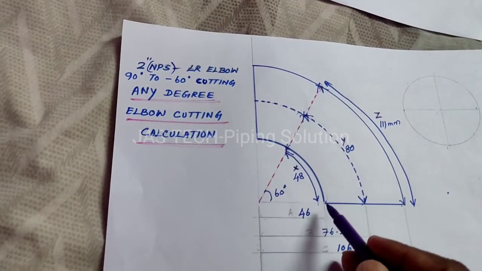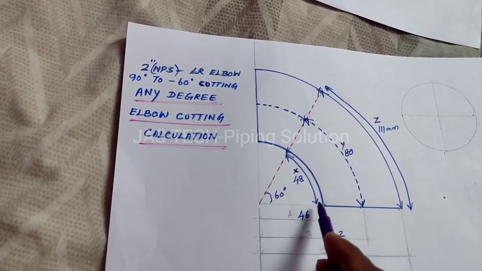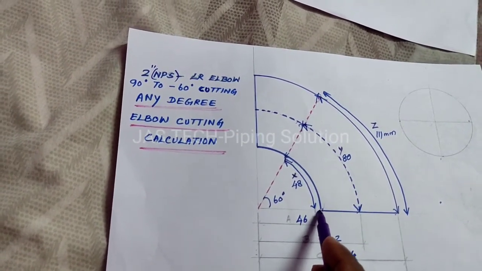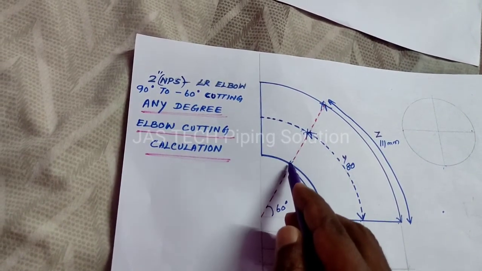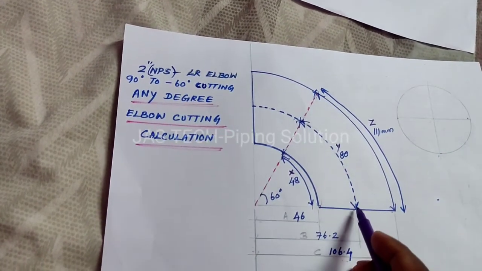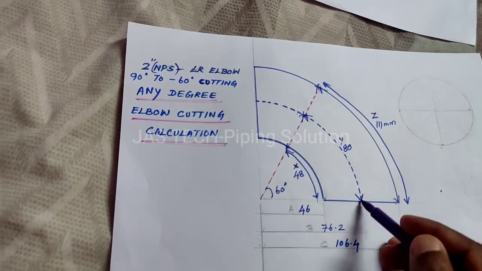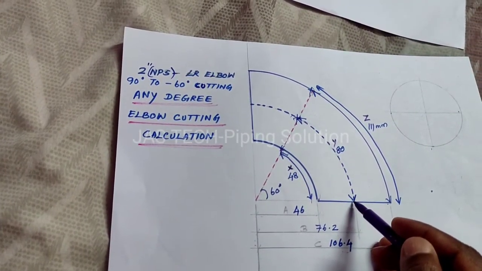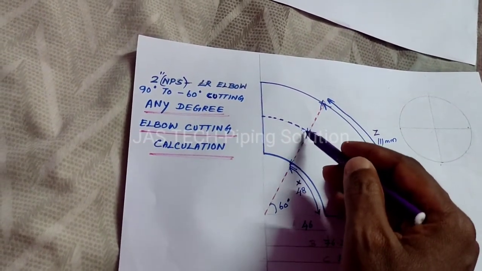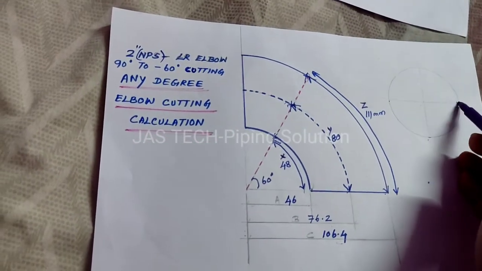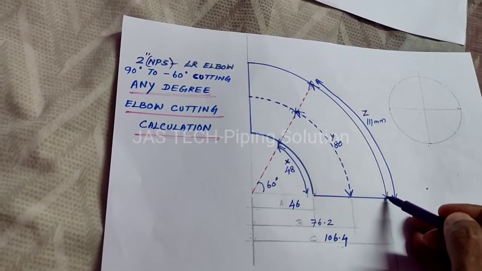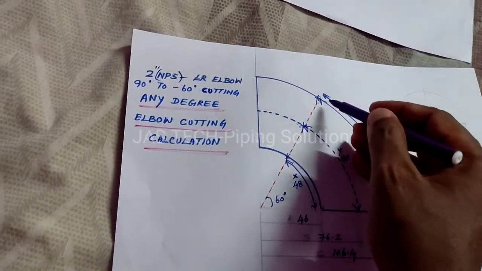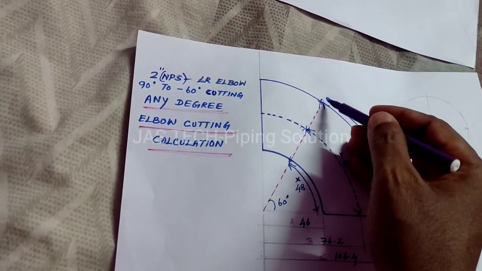By using measurement tape, 48 mm, you keep the tape from here, measure up to here, and make a mark here. At the center, same like this, using measurement tape, 80 mm, mark it here. At the end, this side, you put the measurement tape here and mark 111 mm.